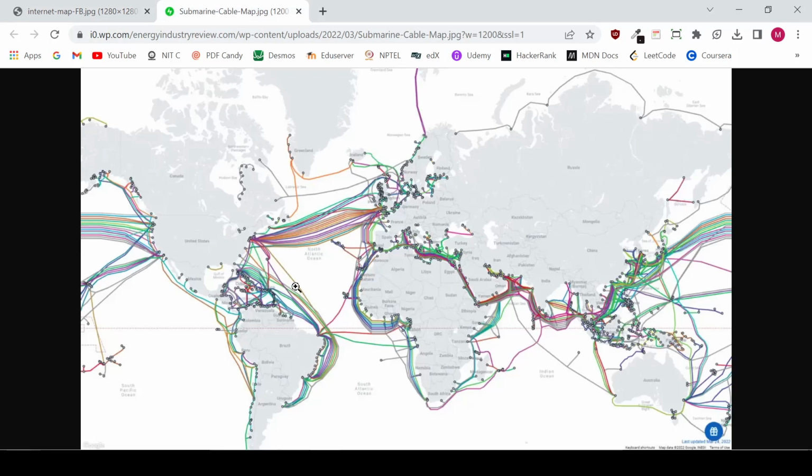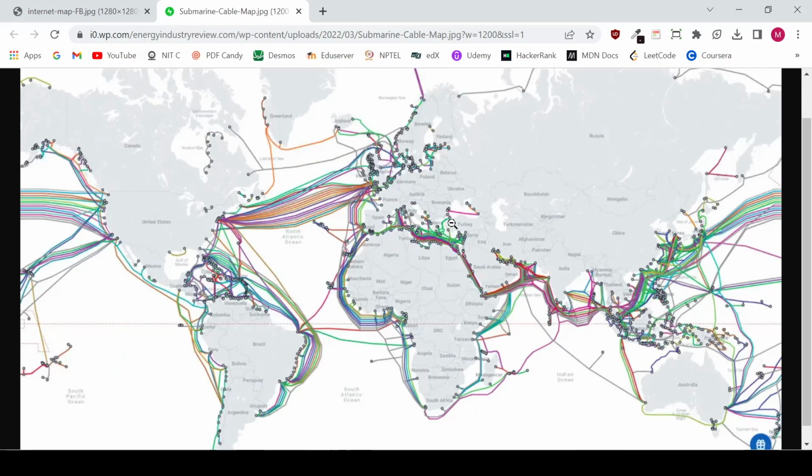This is a network of cables which are buried under the sea. Many people might not know about this. These cables are connected all over the world, buried deep under the sea, and go to different continents like this.